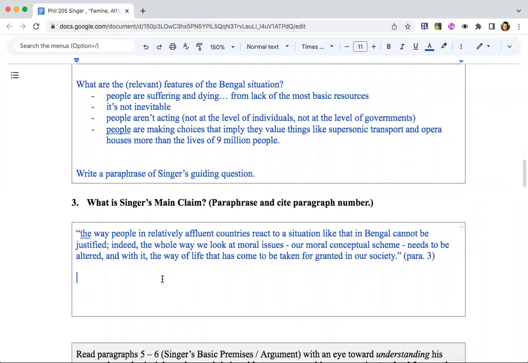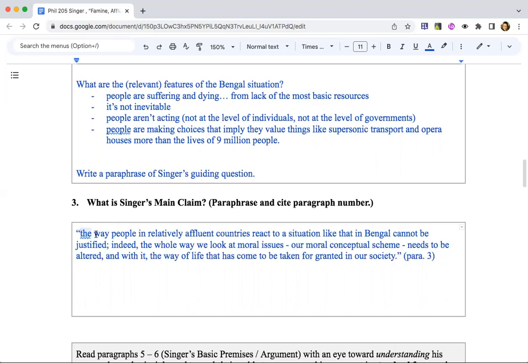And so clearly there is room for disagreement between what most people think and what Singer is suggesting. So there's a good question here, one that requires arguing for possible answers. And Singer has proposed a possible answer. A main claim is an answer to a question.